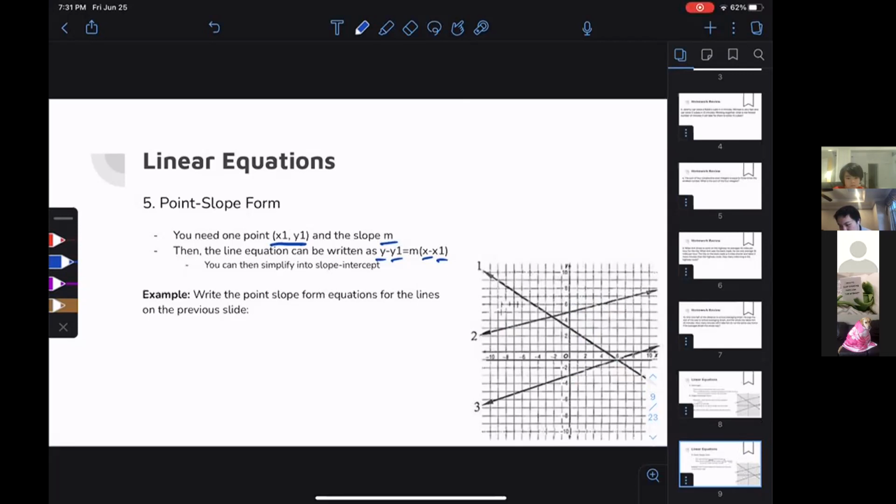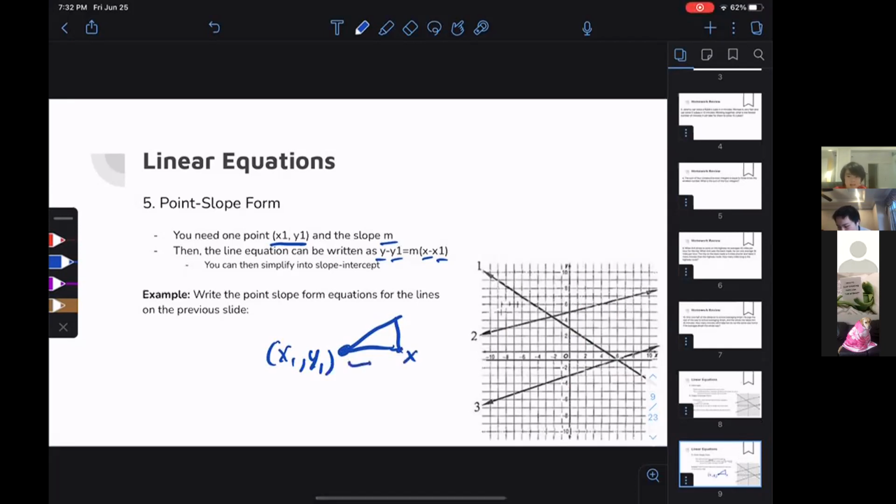And the reason why you get this form is it's based off of the definition of slope, which is change in y over change in x. So let's say you have that given point, (x1, y1). Again, treat x1 and y1 as if they're numbers that are given to you, like 1, 2, and 3, say. And then you have this varying x coordinate.